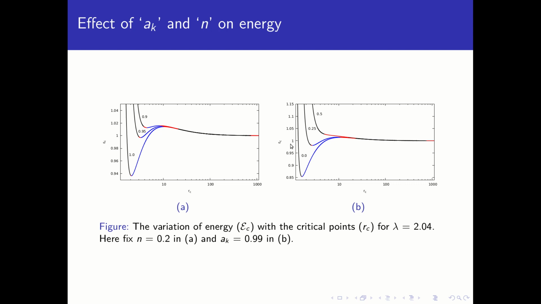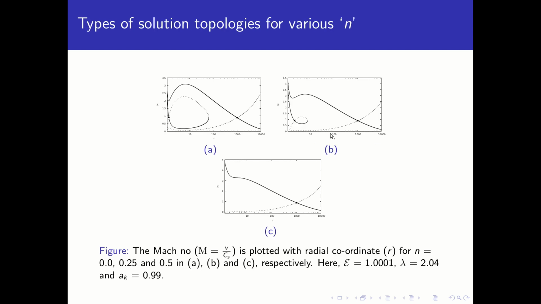In both figures, the NUT parameter is fixed at 0.2 and the Kerr parameter is changing. As we increase the Kerr parameter, it behaves this way, and in the second figure we fix the Kerr parameter and change the NUT parameter. When the NUT parameter increases, the energy behaves like this. So these are also opposite.